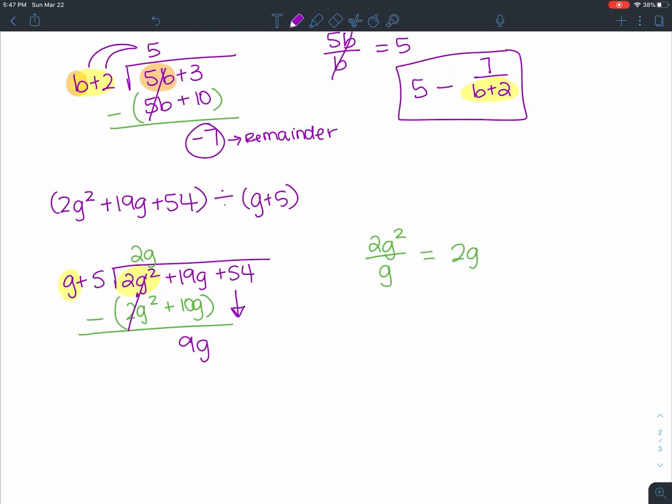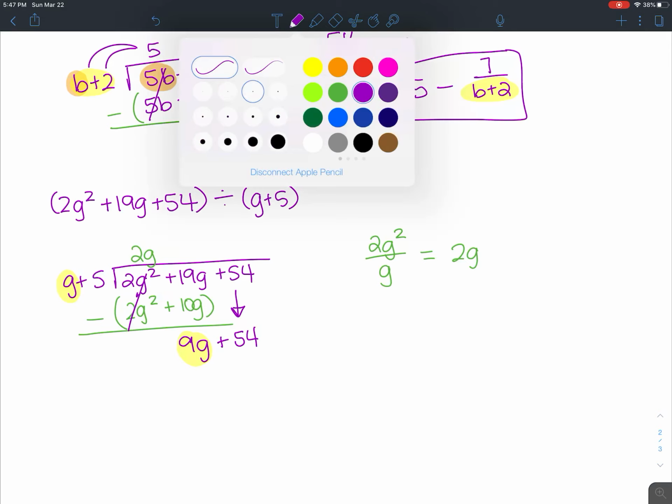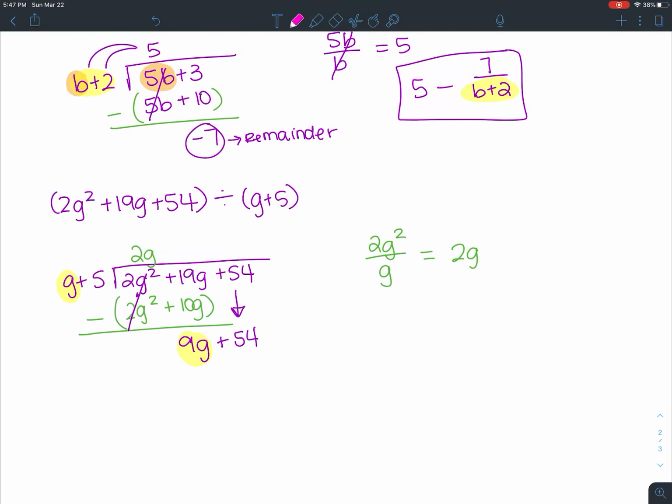Now, I can keep dividing, so I'm going to bring that 54 down, just like I did in my other problem at the very beginning. And now this is my leading coefficient that I'm going to divide by g. So if we do 9g divided by g, that is just 9, so positive 9.